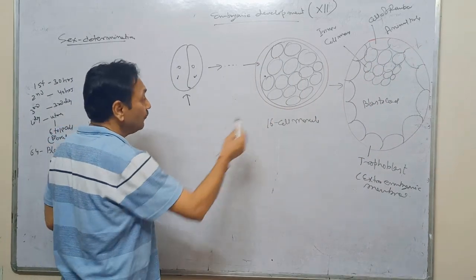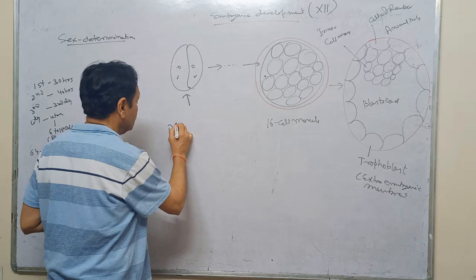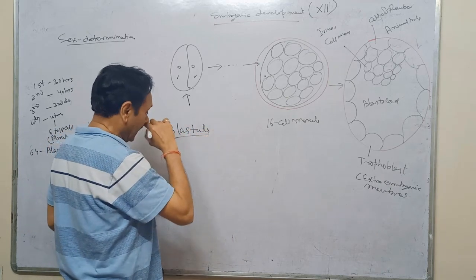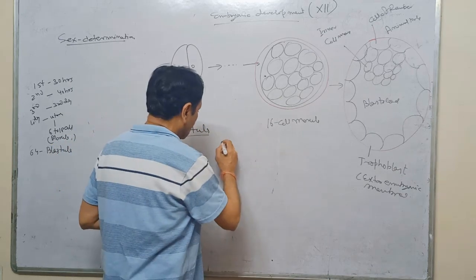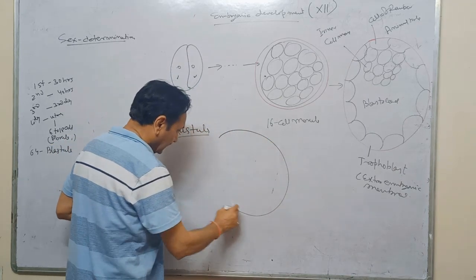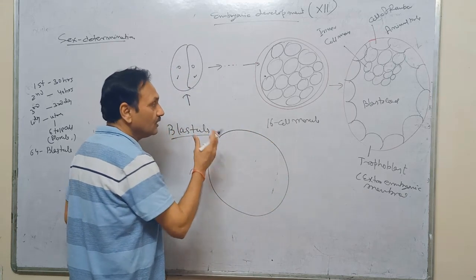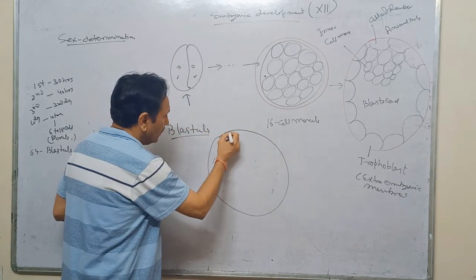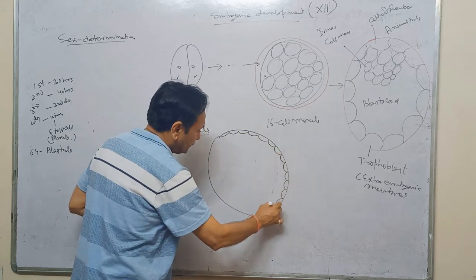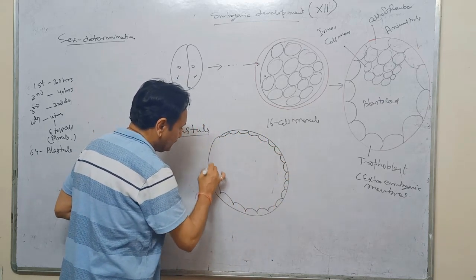What happens from morula to blastula we will discuss. This is the blastula because it has a blastocoele, and the cells have been shifted like this.